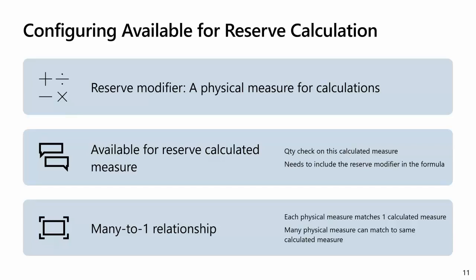Secondly, we have what we call the available for reserve calculated measure. It is a calculated measure that is required to include the reserve modifier inside its definition.